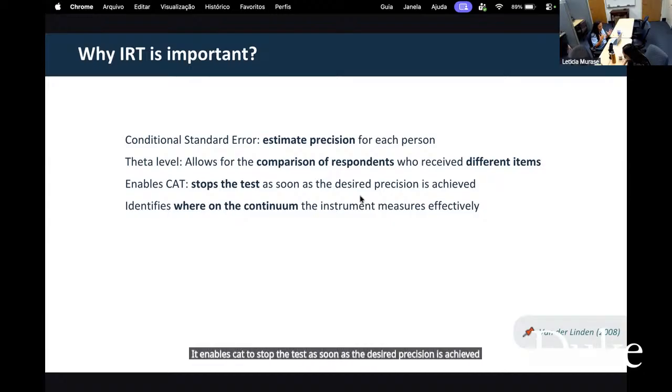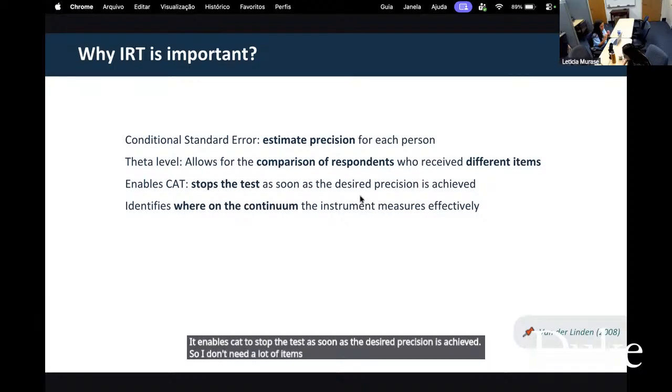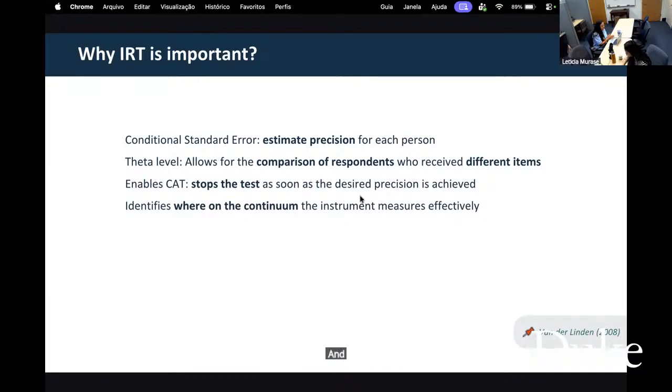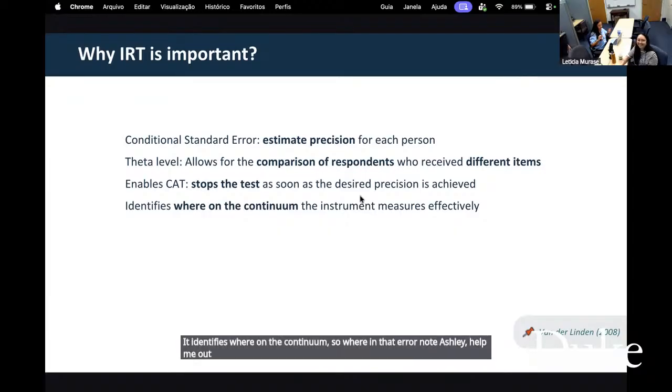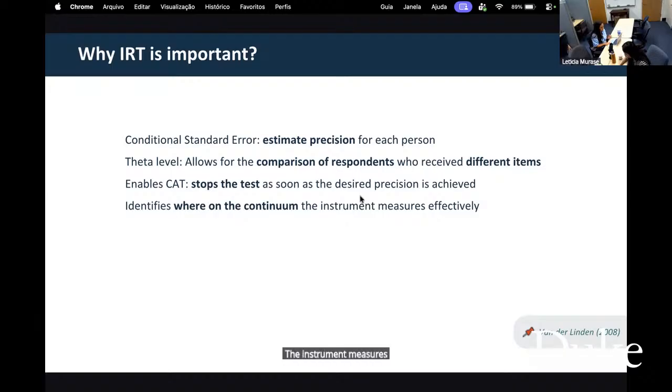So I don't need a lot of items, I just need the items that will give me the precision I need. And it identifies where on the continuum, the theta in that arrow, the instrument measures effectively.